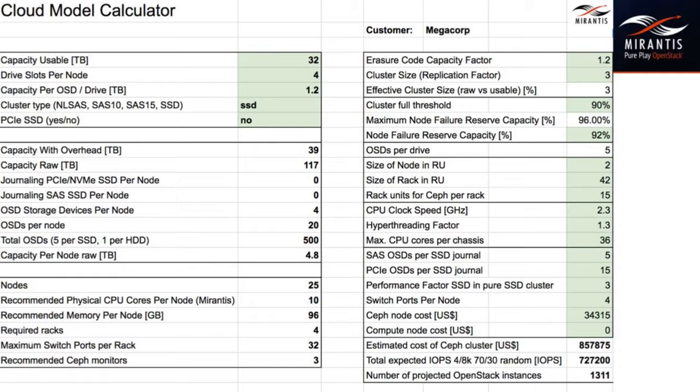It also tells you the number of recommended physical CPU cores per node and the recommended memory per node. These are the actual values that are used in my calculation. It's probably a little bit more expensive because the CPU costs are a little bit underestimated. But this is the relationship. Whether it costs $200,000 or $250,000 in relationship to $1.7 million does not really make a difference.